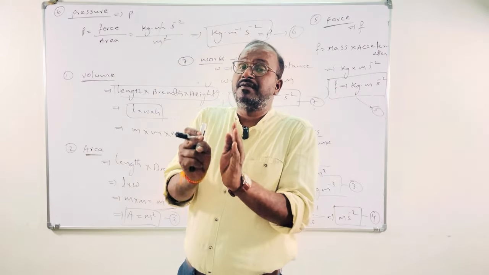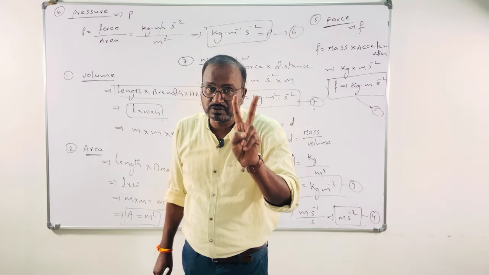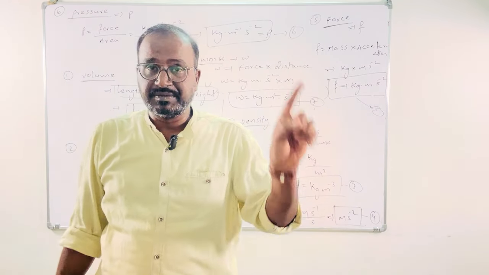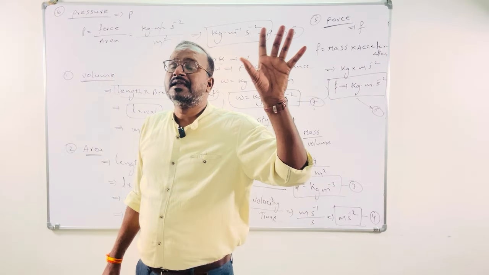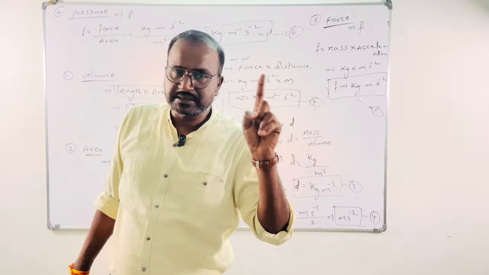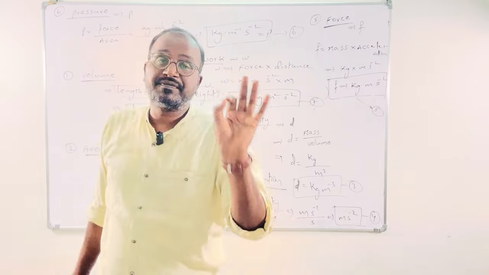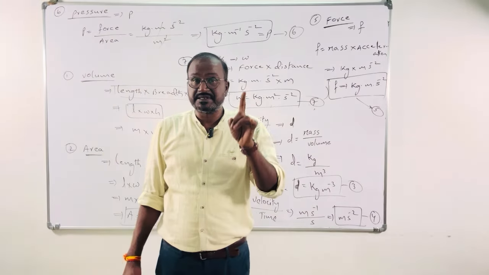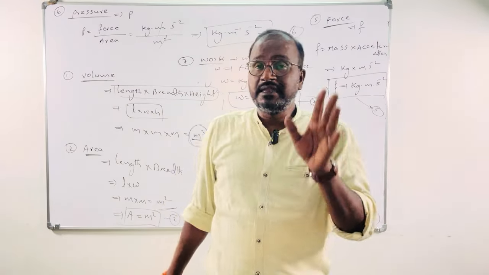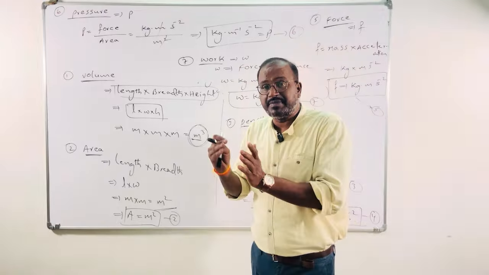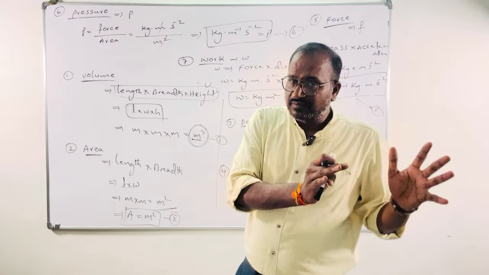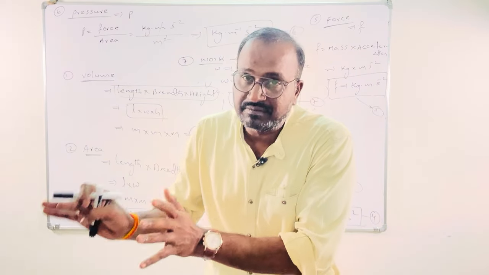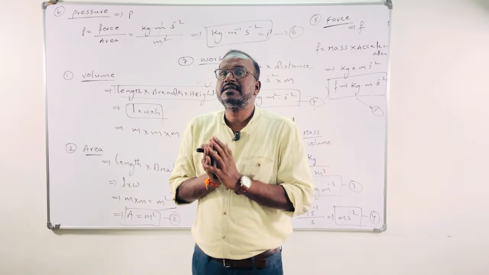To know the behavior of a substance, we should know 2 types of properties: chemical properties and physical properties. Chemical properties are measured based on chemical reactions, but physical properties are measured based on physical measurements. In physical measurements, we require 7 basic units and 7 derived units.